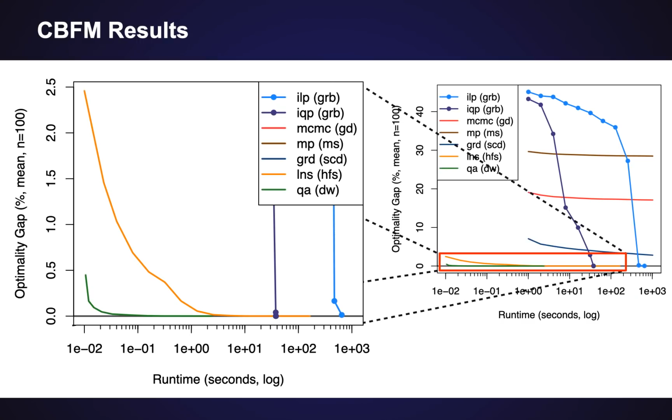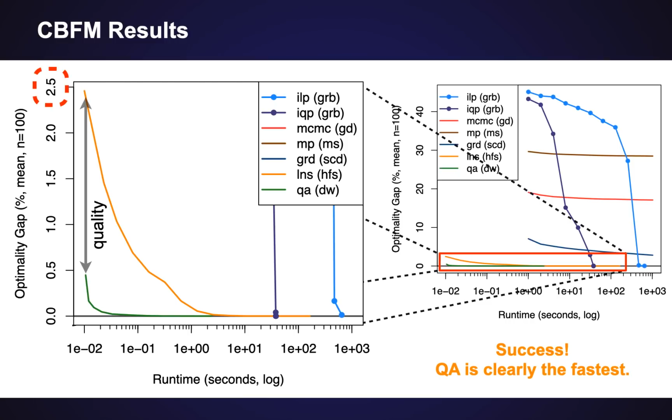What you can see here is that the green line is strictly below the orange line, which indicates that for any amount of time budget that you have, D-Wave is going to outperform HFS. So quantum annealing is clearly the fastest. That's a very great step towards showing a significant performance gain for D-Wave and quantum annealing hardware.